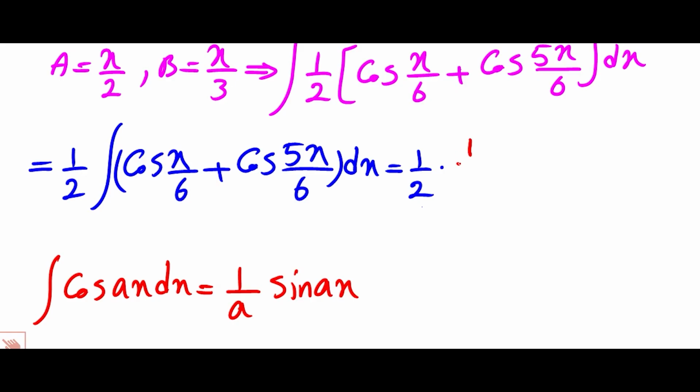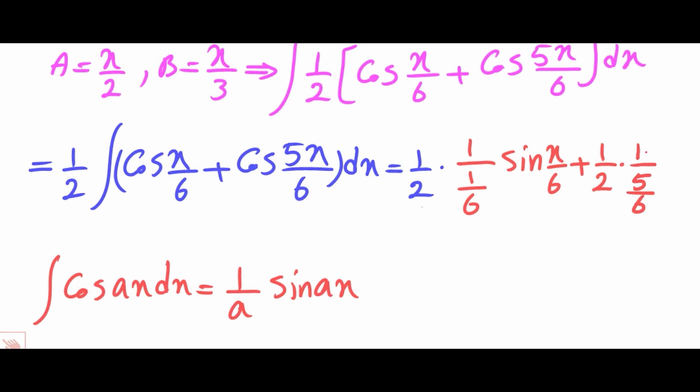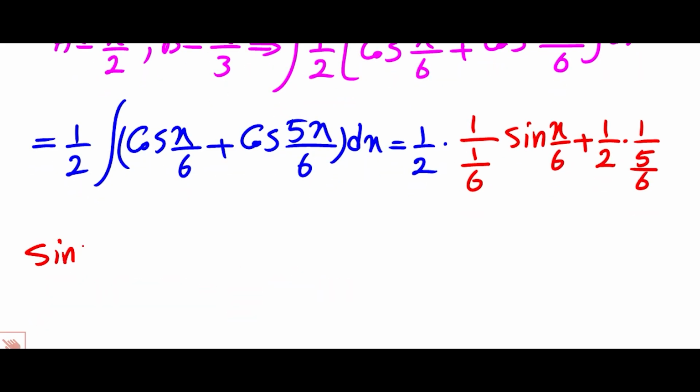So 1 over 1 over 6 sine of x over 6, plus 1/2 times, the coefficient of x in cosine of 5x over 6 is 5 over 6. So 1 over 5 over 6 times sine of 5x over 6 plus c, right?